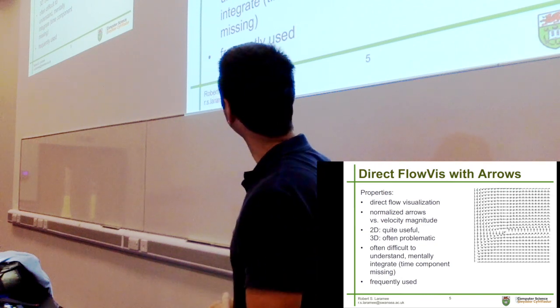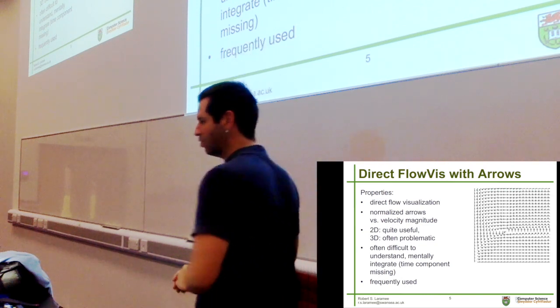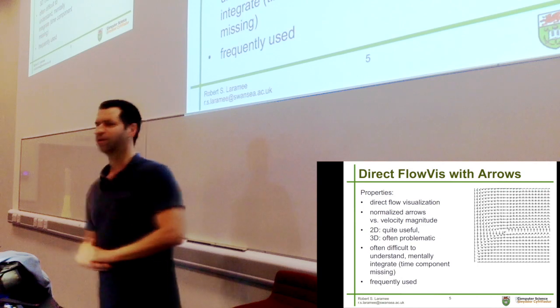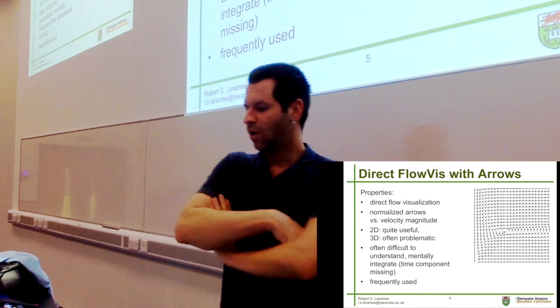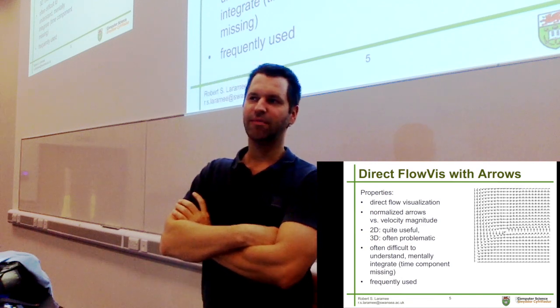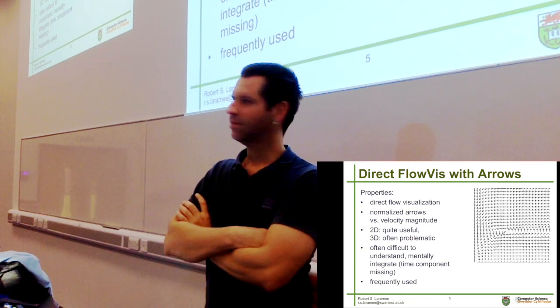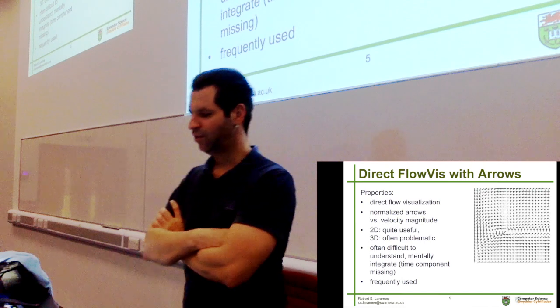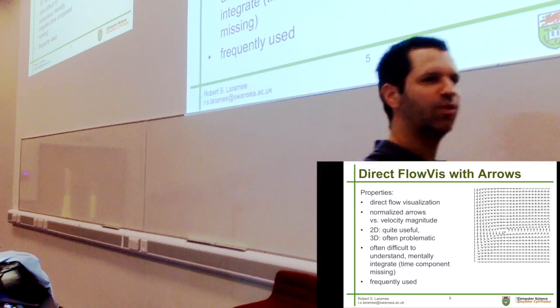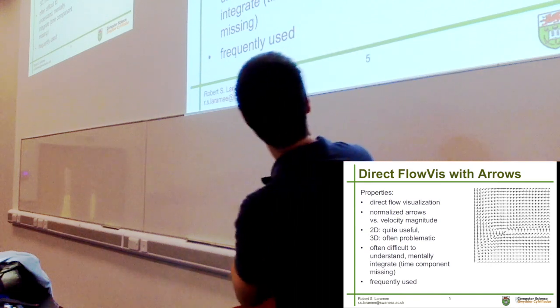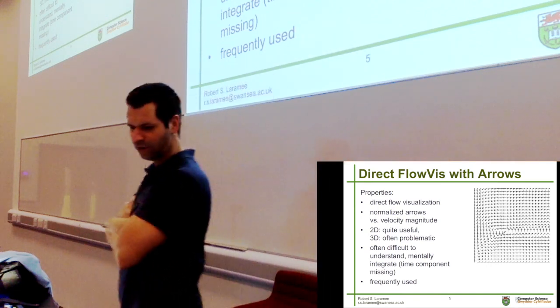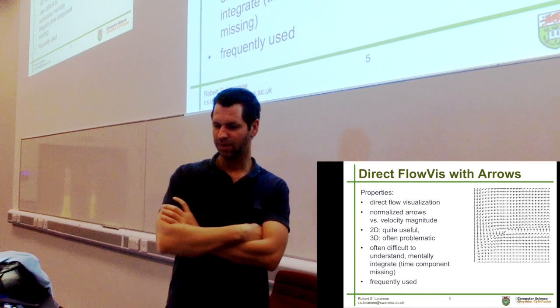That's called direct flow visualization, right? There's no interpolation necessarily going on there. All the arrows are the same length, so the magnitude information has been taken away. You can't tell where the fast flow is or where the slow flow is, so to speak.